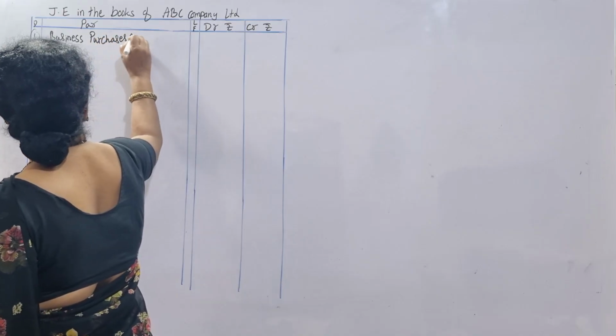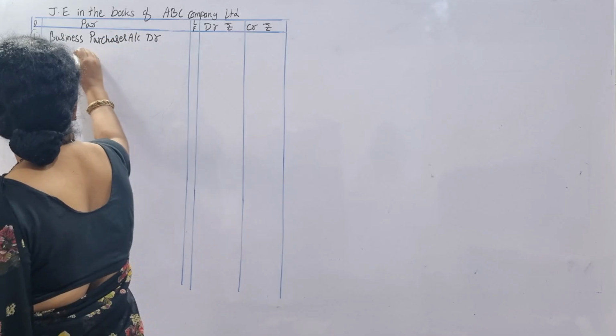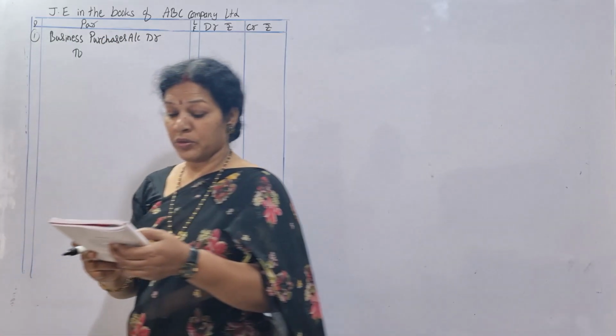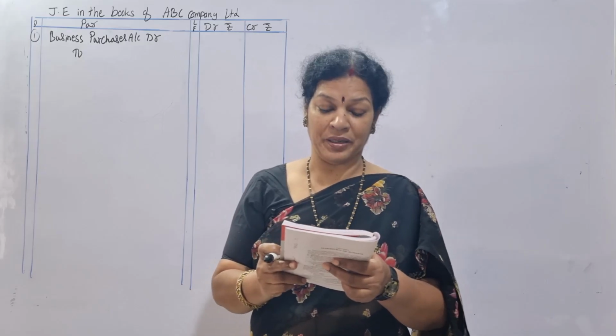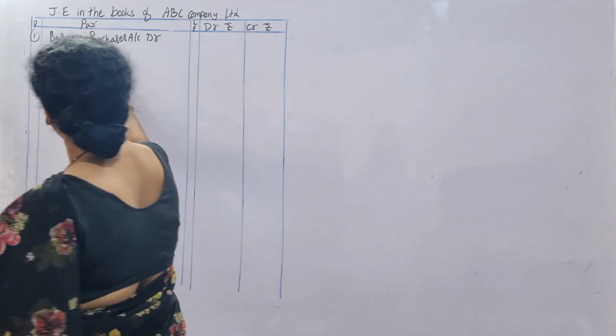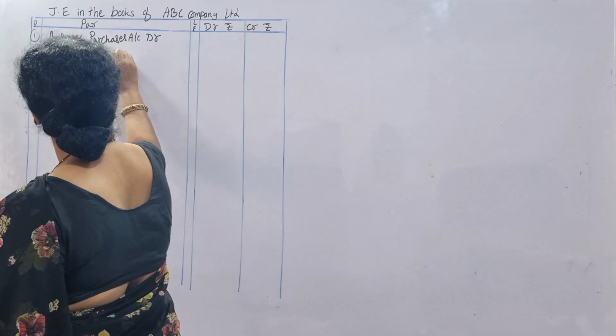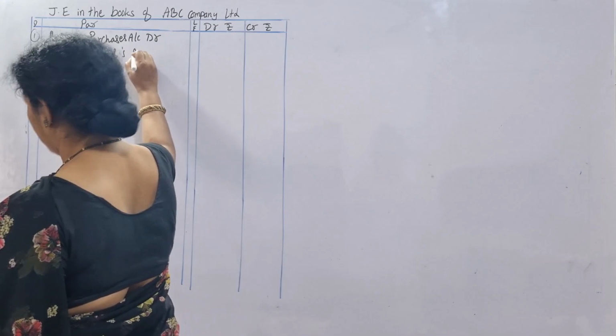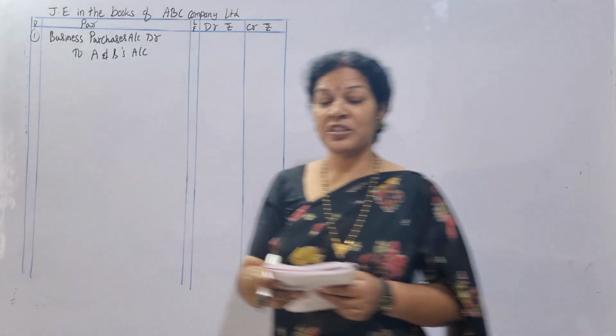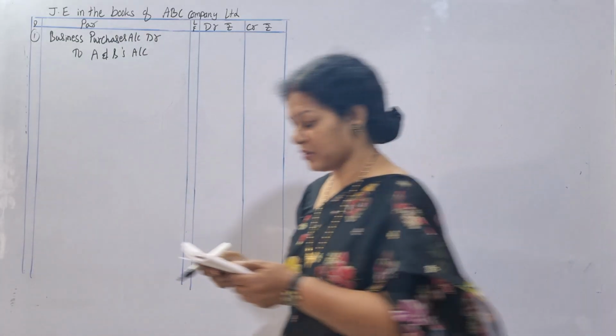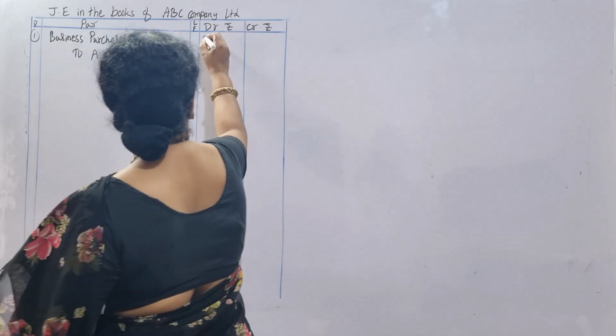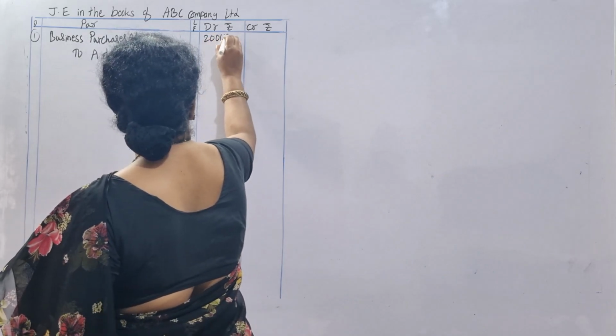Who is the vendor here? A and B's account. How much is the purchasing amount? 2 lakh rupees.